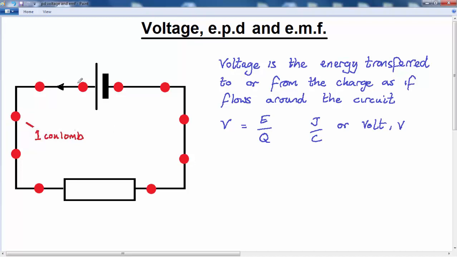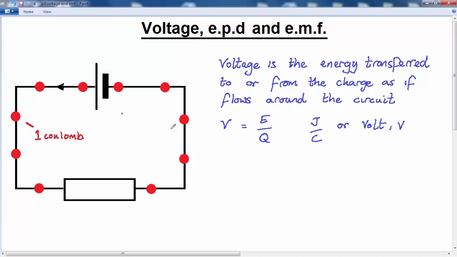You can see we've got our coulombs passing around the circuit, and as each coulomb passes through the generator, in this case it's a voltaic cell, but it could be a battery or an AC generator, then energy is transferred to each coulomb. That's the job of a generator.